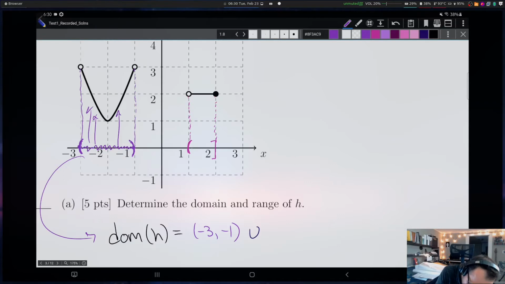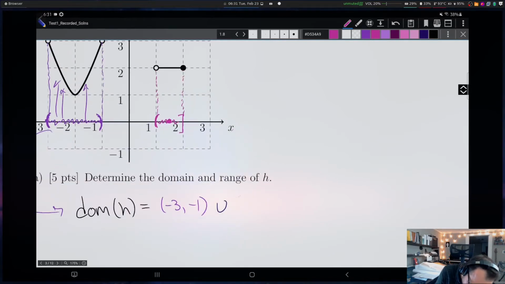And here I'm saying all of this stuff, let me do the same color here, is also in the domain because I can look above it, find a point on the graph, so I know how to evaluate this function. If I want to evaluate it at 1.5 or something, I just go up to the graph, and that gives me a y value. In this case, the y value is 2.